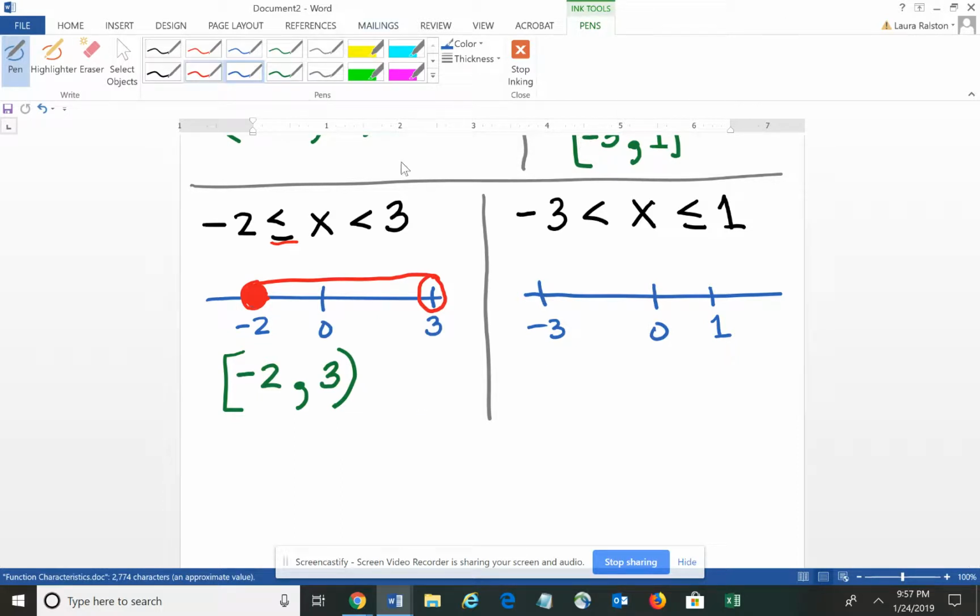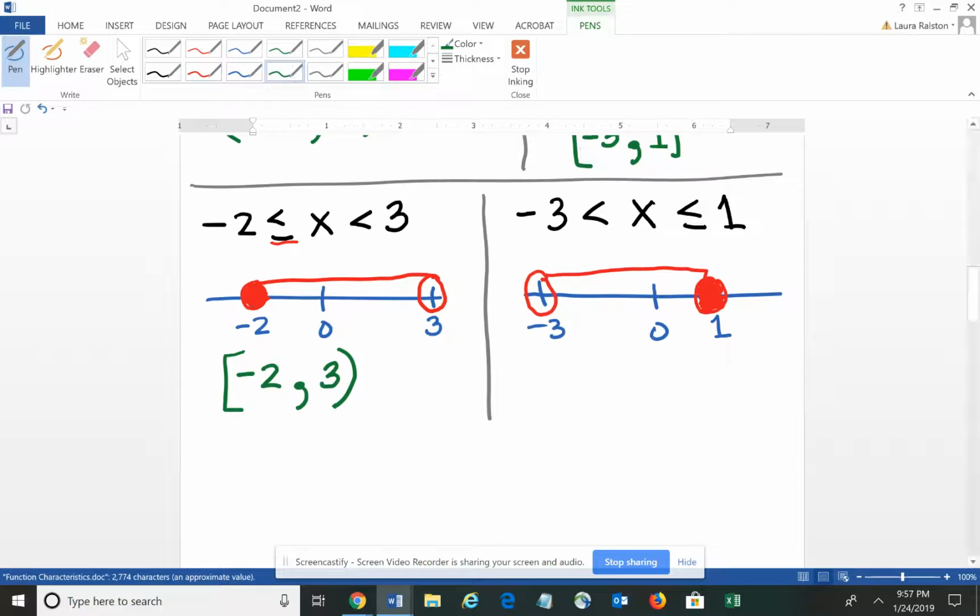Visually, when you draw it, the -3 is not usable, so it's going to be open. The +1 is usable, so it's going to be closed or colored in. And then it's any value in between.